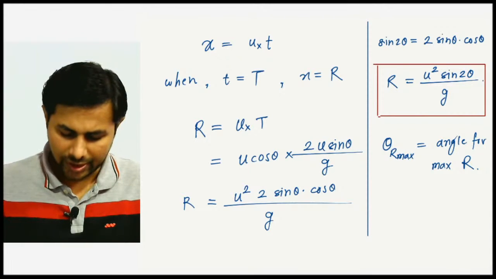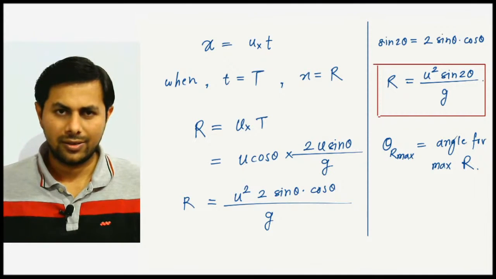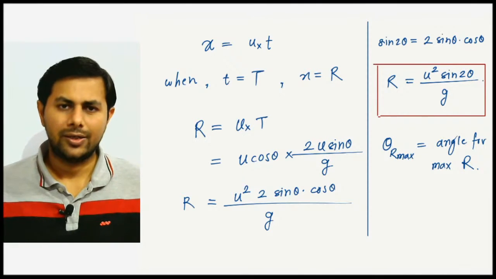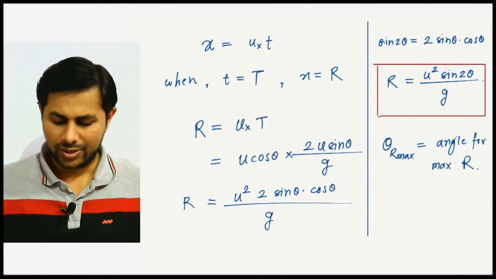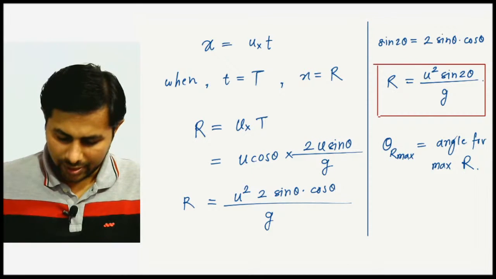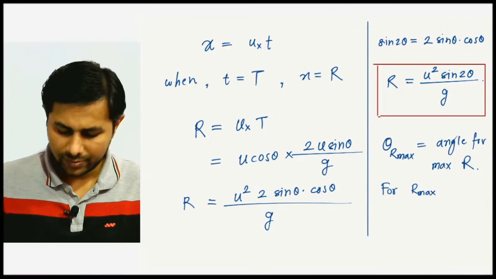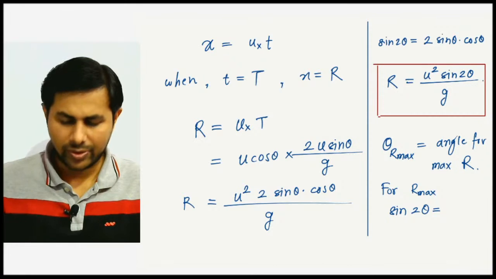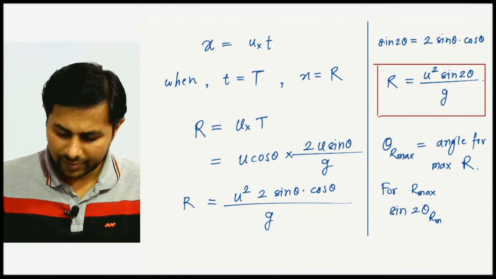So in this equation, we have R equals u squared sin 2 theta divided by g. Here also u is a constant and g is also a constant, so only theta can change. So what is the maximum value of sin of any angle? It is 1. So for R max, sin of 2 theta should be equal to 1, and we are calling that angle theta R max.